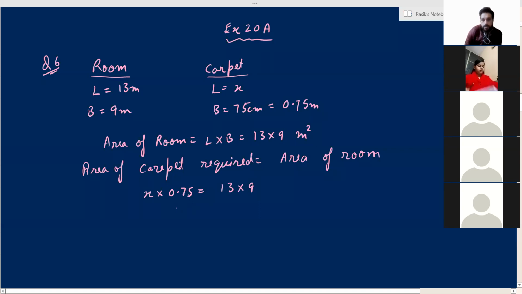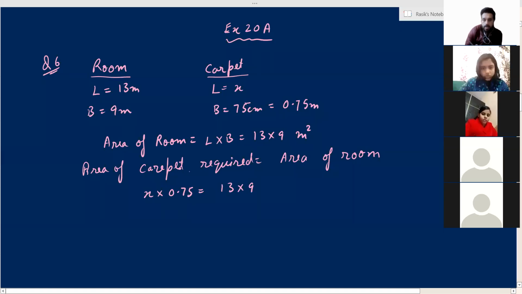From this equation, we can find the length of carpet. Why are we putting the area of carpet equal to area of room? Because the same carpet is to be used to cover the whole room. That means the area of the carpet should be equal to the area of the room, then only it will be able to cover it. So from this equation we can find x.